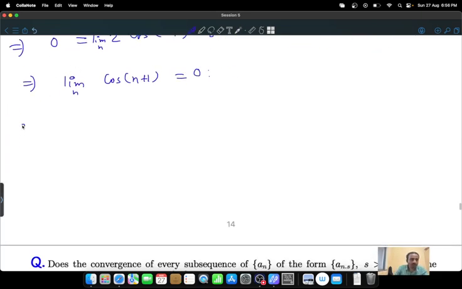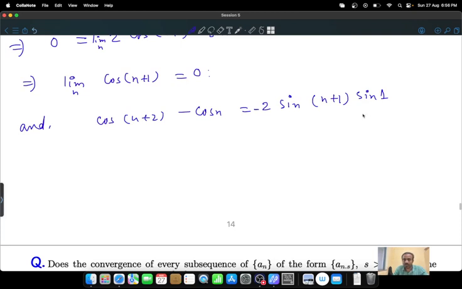Now you also look at cos(n+2) − cos n. Do the same thing, because you know the convergence of this. That equals −2 sin(n+1) sin 1, where the sign of minus will come with a negative.